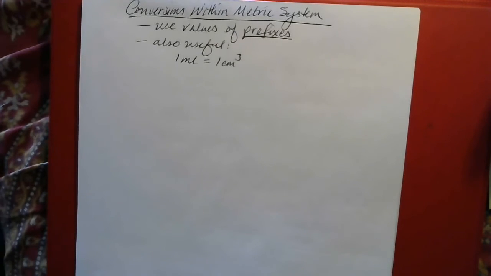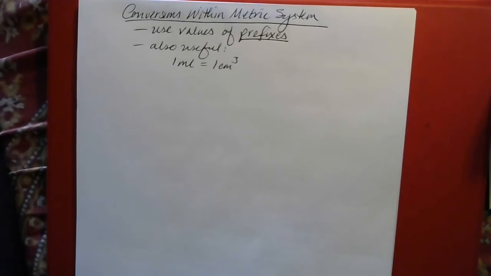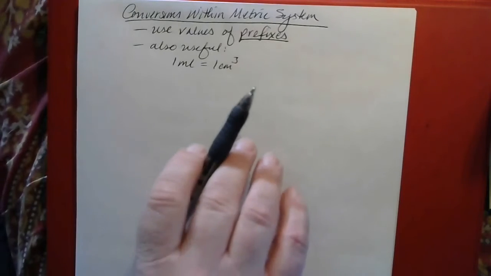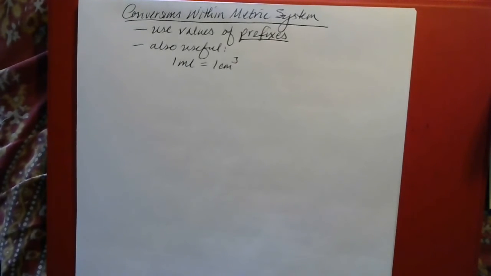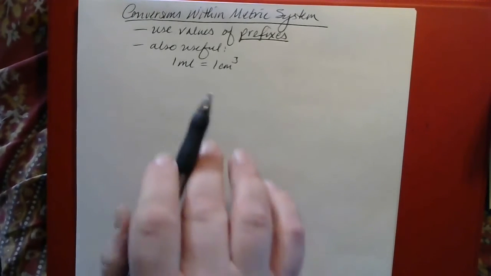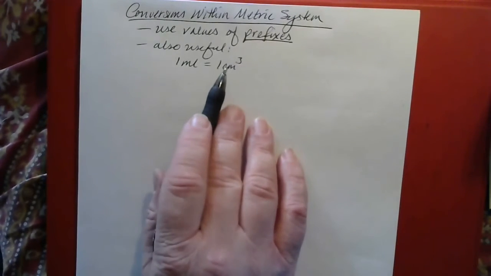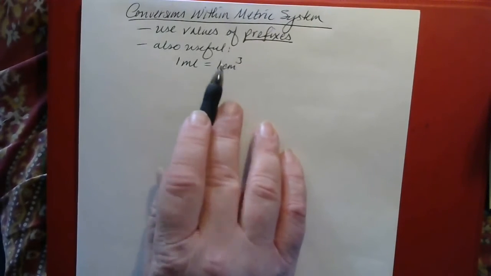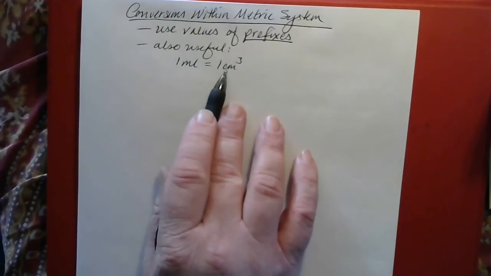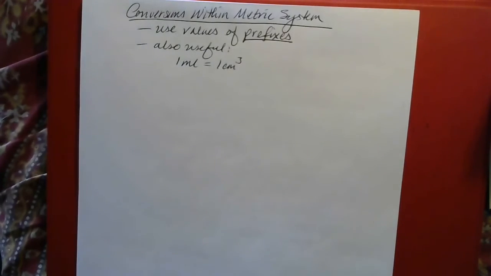But in the SI subsystem of the metric system, we tend to treat volumes as length times width times height, which would be some length unit like meters or centimeters cubed. And so if you end up with something in length units cubed, if you can convert that to cubic centimeters, that's the same as milliliters.